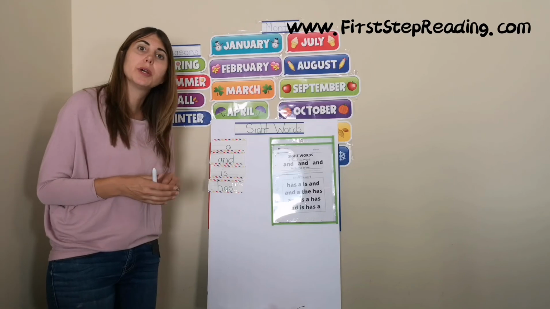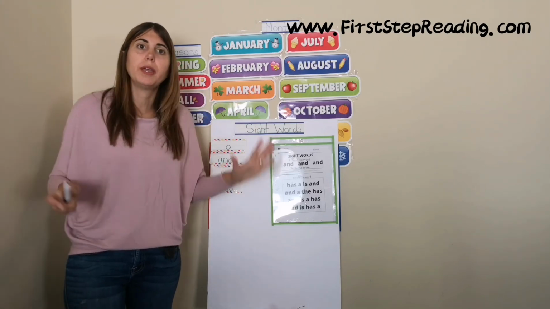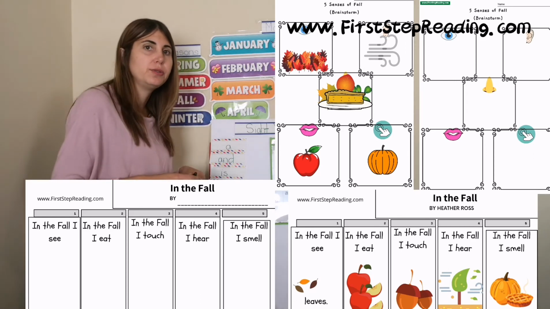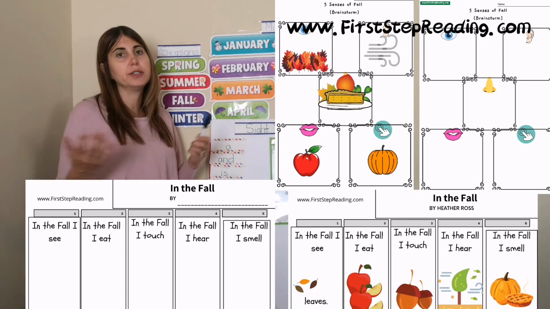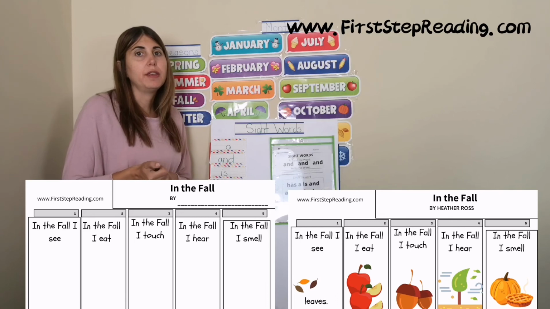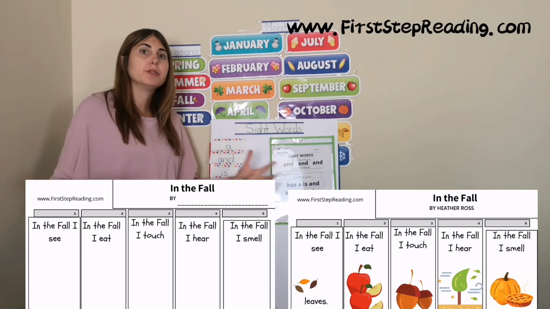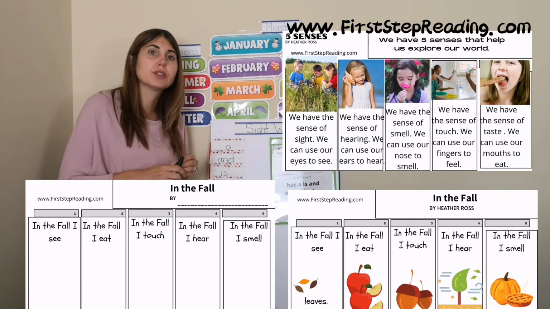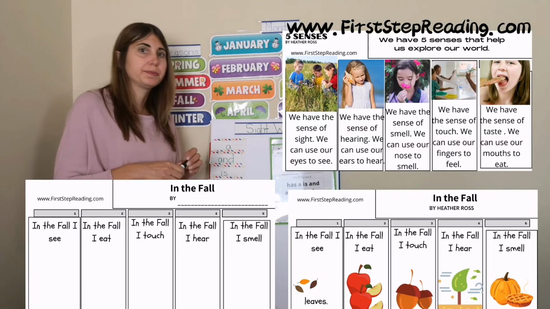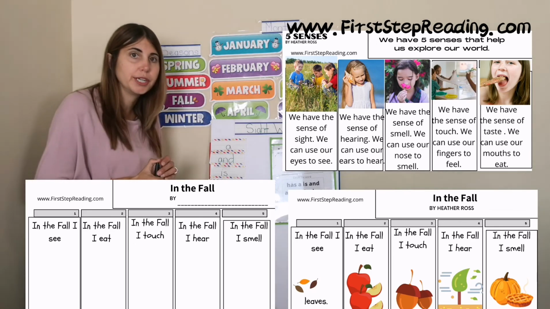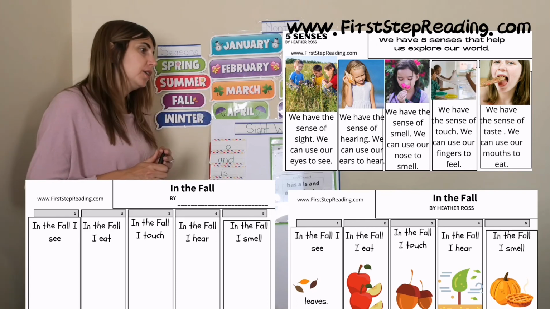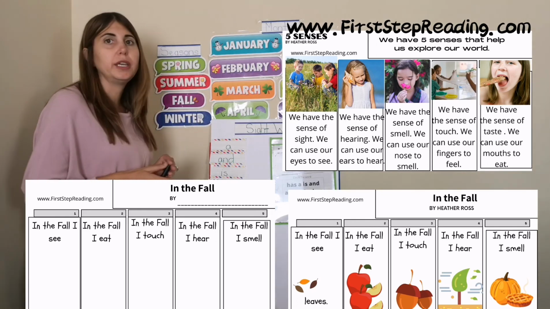For science, we're working on our 5 senses, the way we explore our world. But we're talking about fall, the new season where the leaves change colors, right? And they fall off the trees and the animals start preparing for the winter. So we're going to use our 5 senses to explore fall this week. You can read your stories, you can make your stories about fall. So that is our learning for this week.